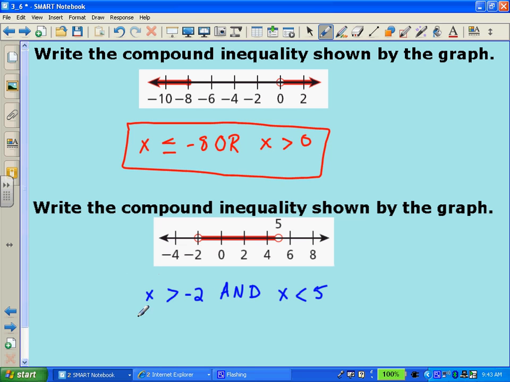It's open on 5 and goes to the left, so that's less than. So this would be my AND inequality. And once again, we want to get used to writing it in this language, combining the two together so that it looks like this. Okay? So those two statements say the same thing.